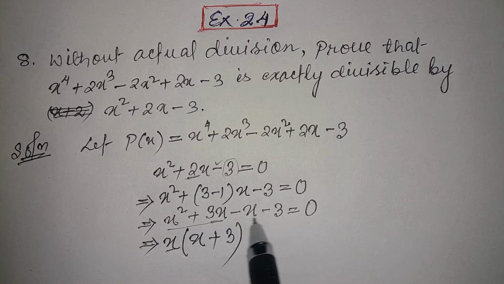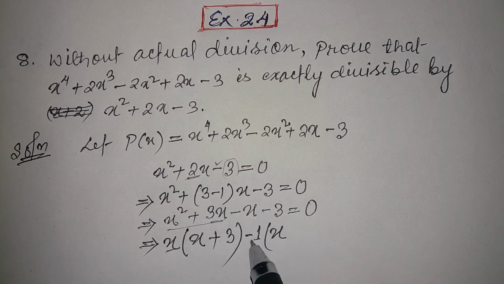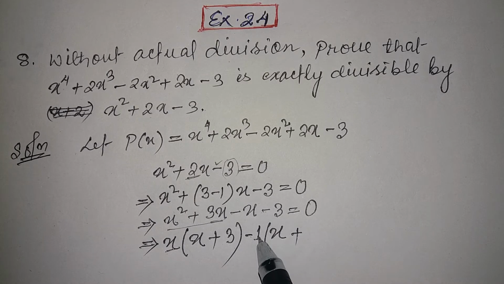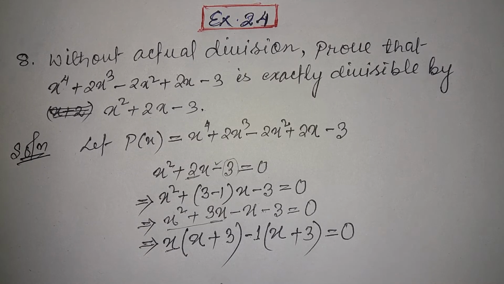And in these two terms you can take 1 common. So x divided by 1 is x, minus minus plus 3 divided by 1 is 3. This is equal to 0.